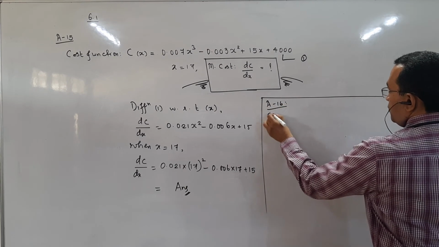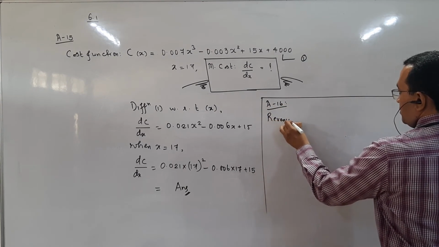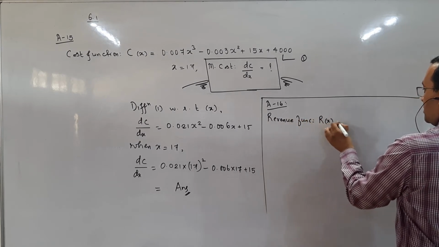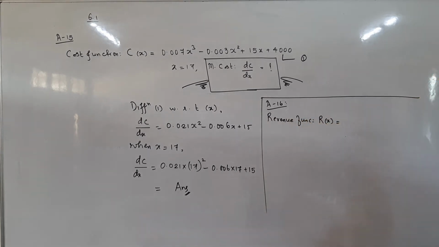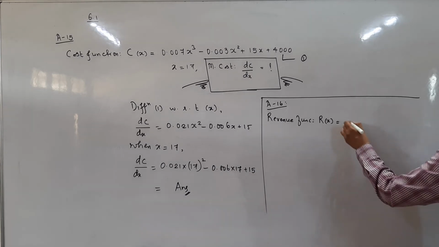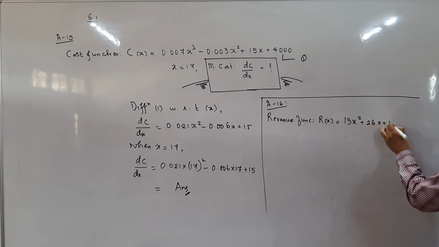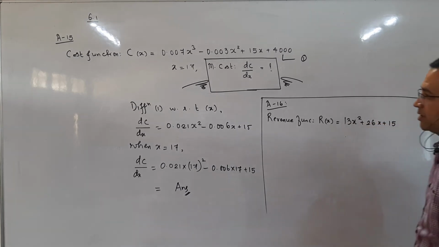So the revenue function R(x) is equal to the total revenue in rupees received from sales of x units of a product, which is 13x square plus 26x plus 15.